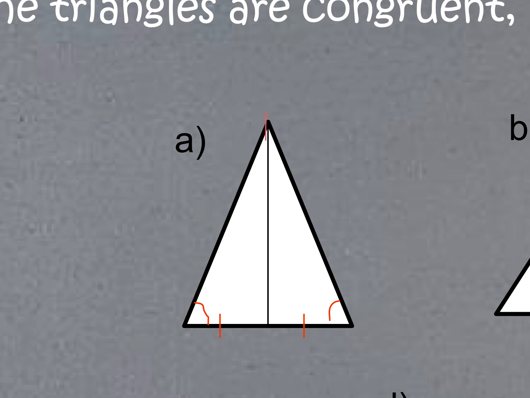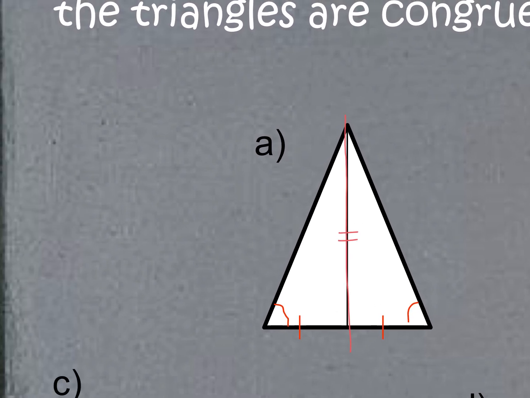Looking at this diagram, this side is being shared, so I'm going to go ahead and mark my congruency marks. Other than that, I cannot add anything. I cannot add any marks unless it's given to me or it's told. So looking at this, would this be considered a side, angle, side triangle? No. This would be no.